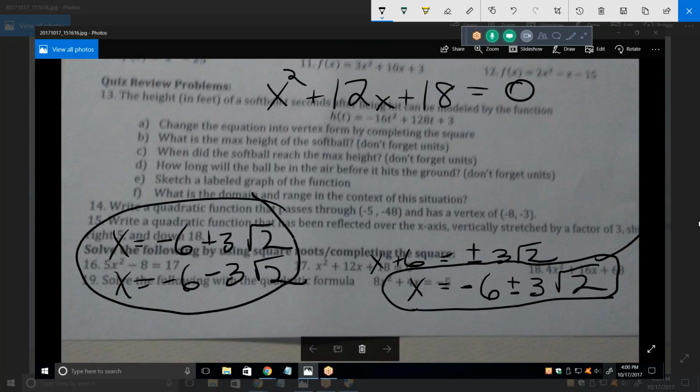So if somebody gives me this problem to solve, I could plug it into the quadratic formula to get this solution, or I could complete the square and then solve by using square roots of each side. I don't have to use the quadratic formula. You can always use completing the square.